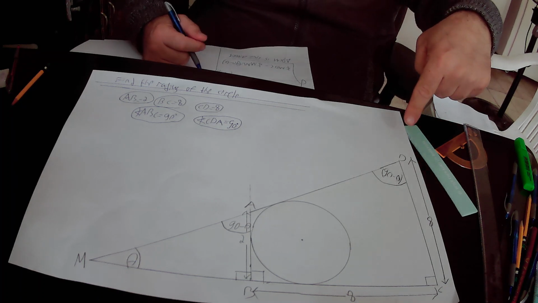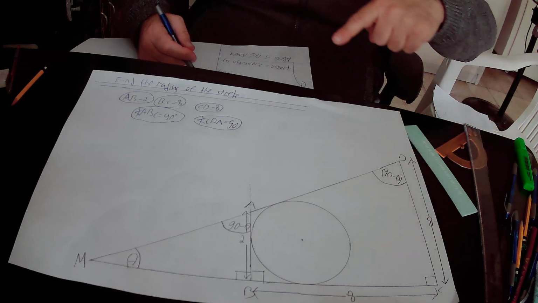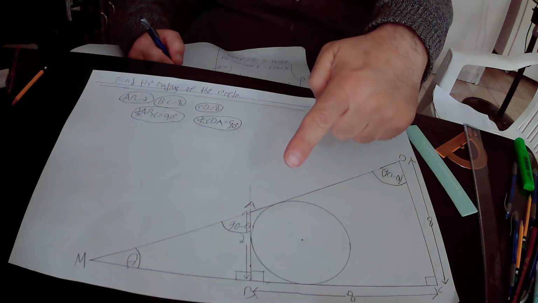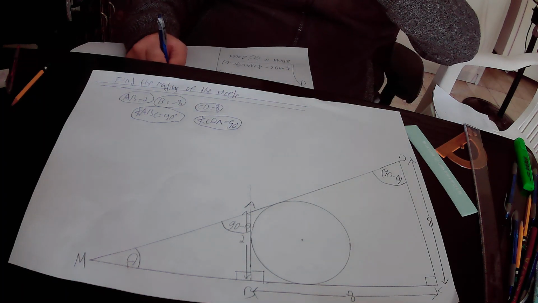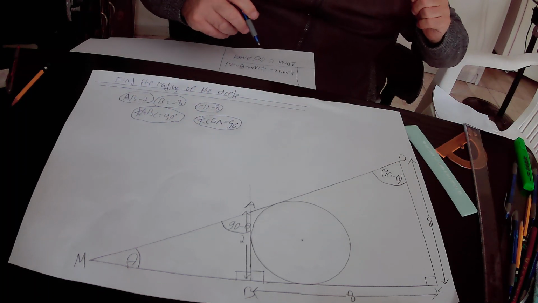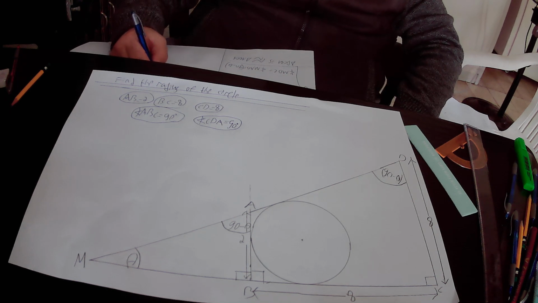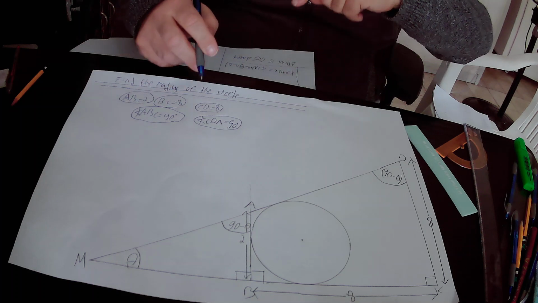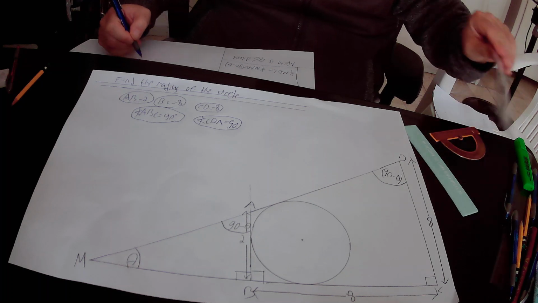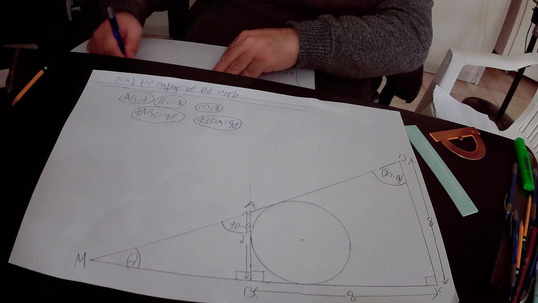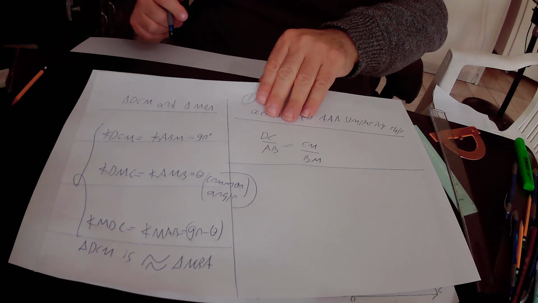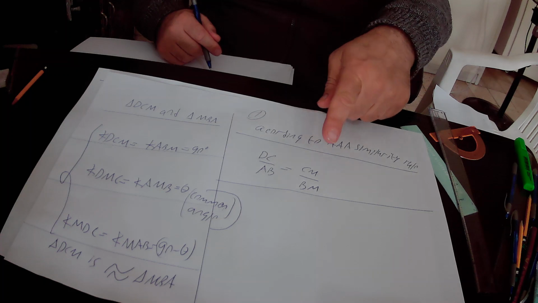We will derive that side DC in the right big triangle DCM over side AB in the right small triangle MBA equals side CM in the right big triangle DCM over side BM in the right small triangle MBA. So we derive that DC over AB equals CM over BM.